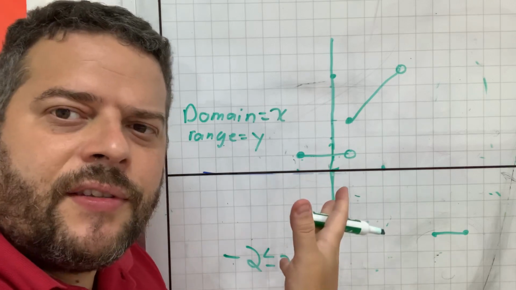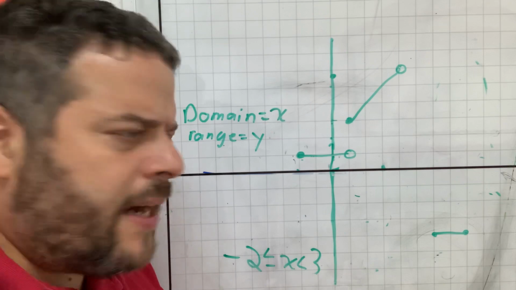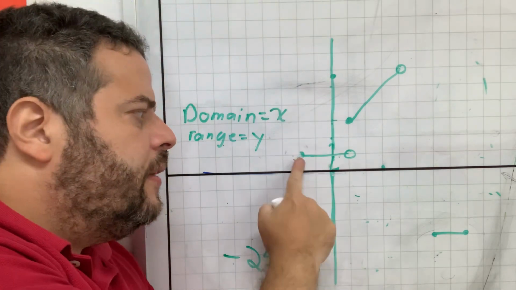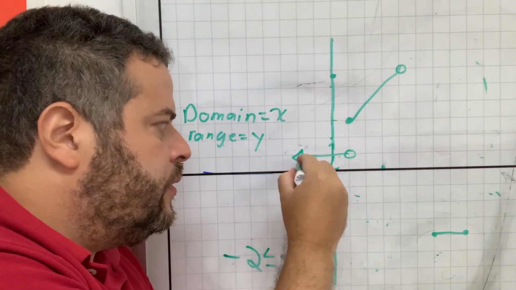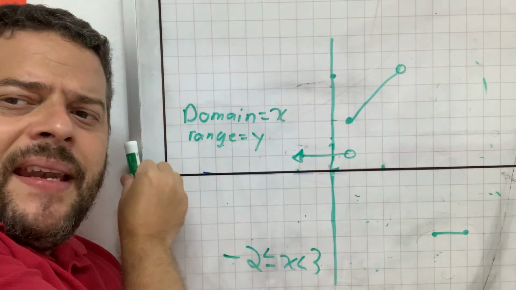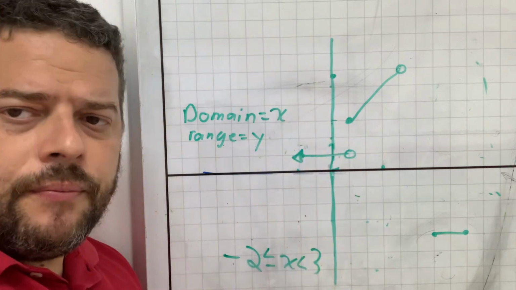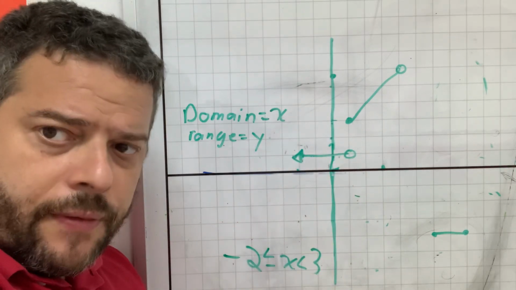Piecewise function, this is sometimes what they look like. So what would the domain of this piecewise function be? Actually, let's just make it a little bit more complex. Let's just turn this into an arrow, see what happens. So again, I begin existing from negative infinity all the way up to here. Yes or no? Yes.